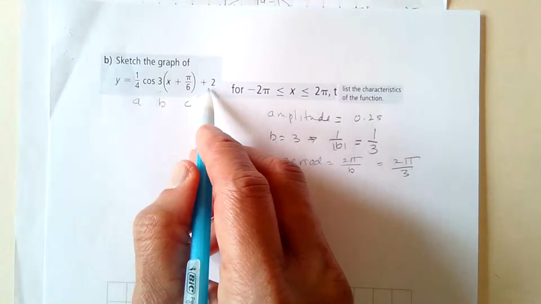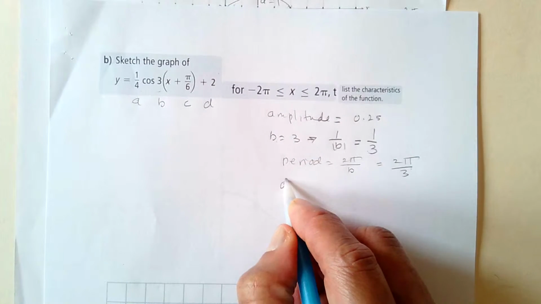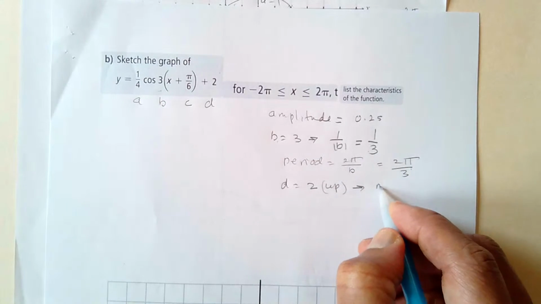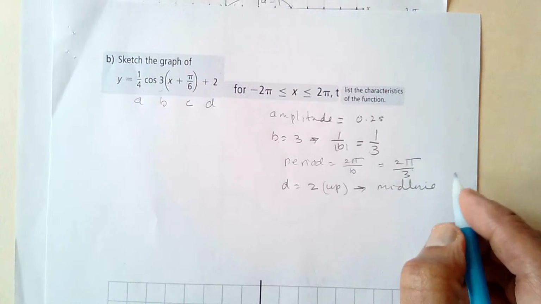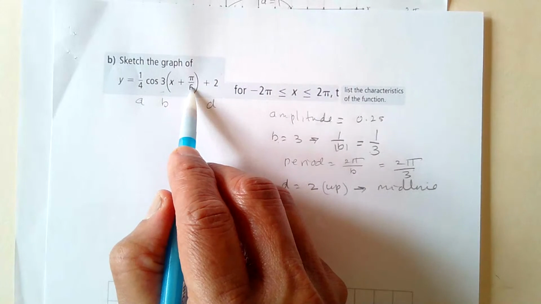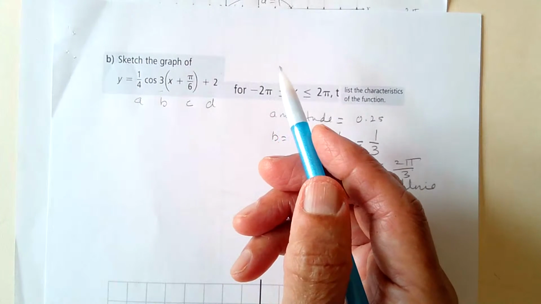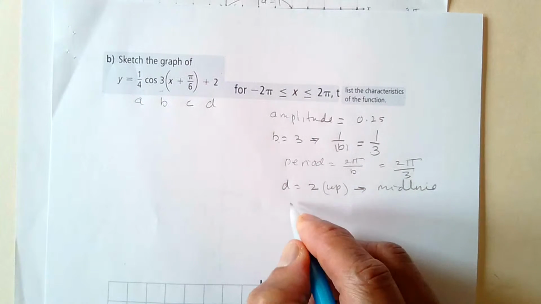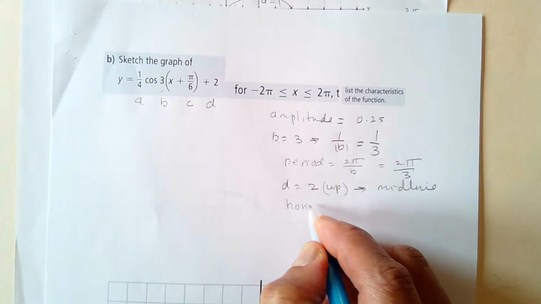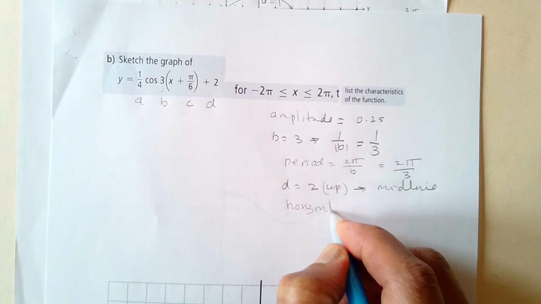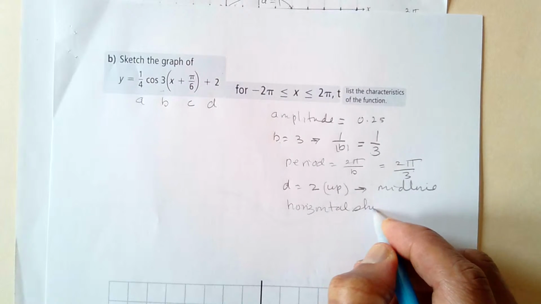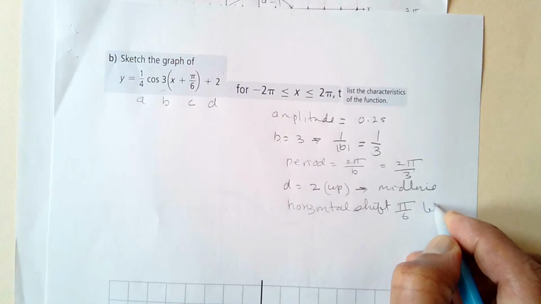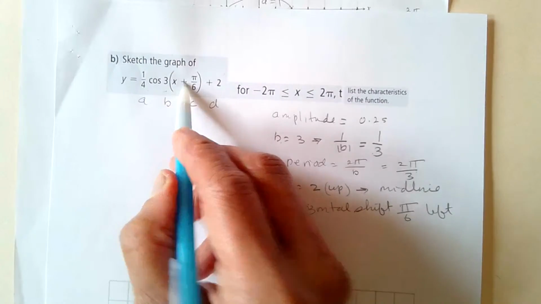Our midline, or d, is equal to 2 units up, which is our midline. And we have a phase shift, or horizontal shift, of pi over 6 units left. This is going to the left because it's positive.